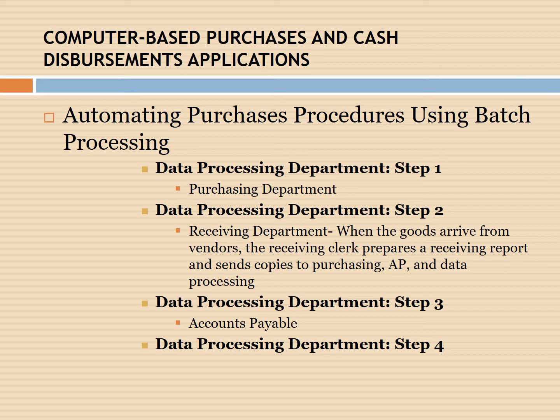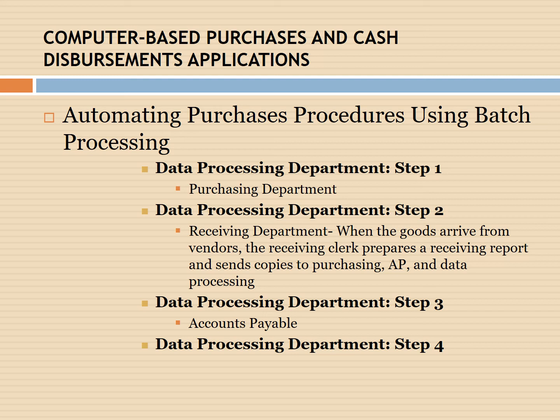Upon receipt of the purchase requisition, the purchasing department prepares a multi-part purchase order. Copies are sent to the vendor, accounts payable, receiving, data processing, and the purchasing department's file. A computer program identifies inventory requirements and prepares traditional purchase requisitions, but the purchasing agents review the requisitions before placing the order.